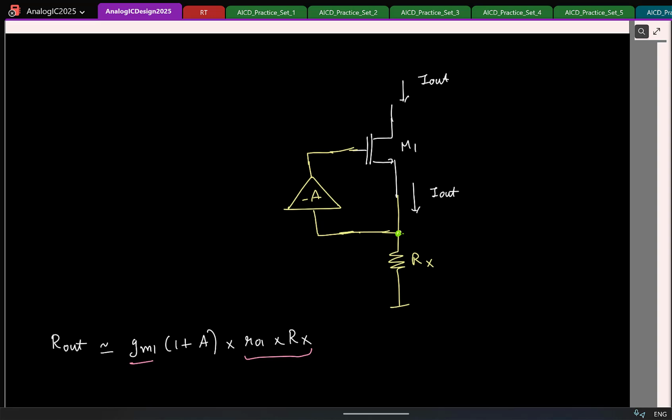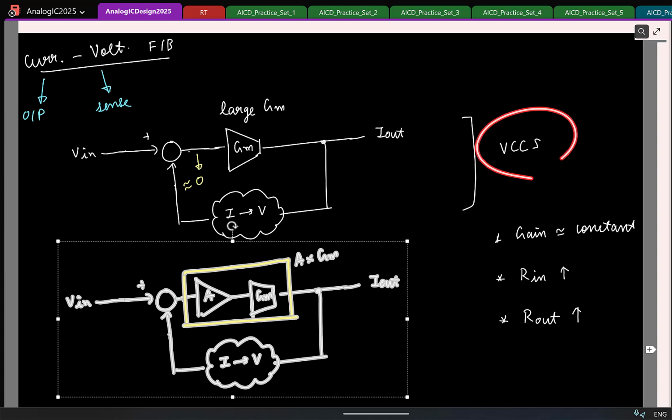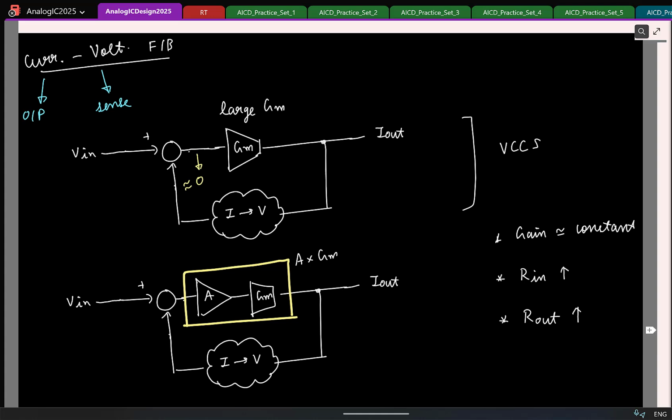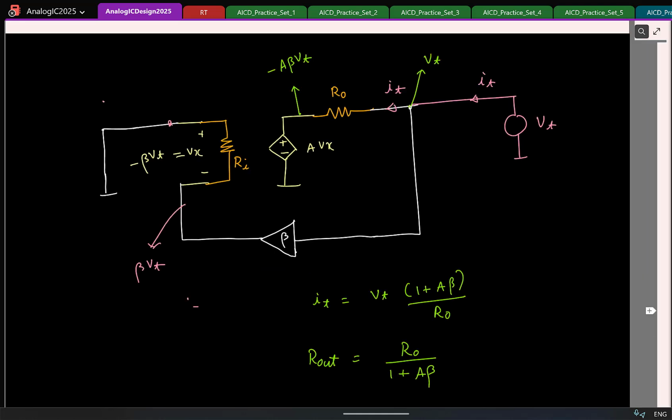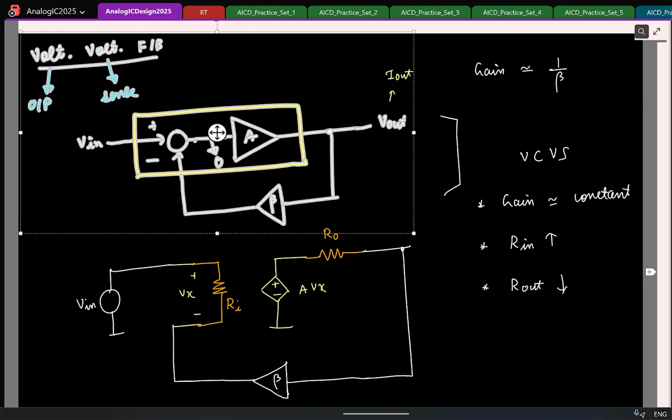So that's the point I wanted to make, that it is incorrect to assume that with negative feedback the output resistance always decreases and input resistance always increases. That is a complete myth. It actually depends on what kind of feedback you have, and what kind of a control source you are trying to mimic. If you have a voltage control voltage source to start with and you put in feedback, it becomes a better voltage control voltage source like this.